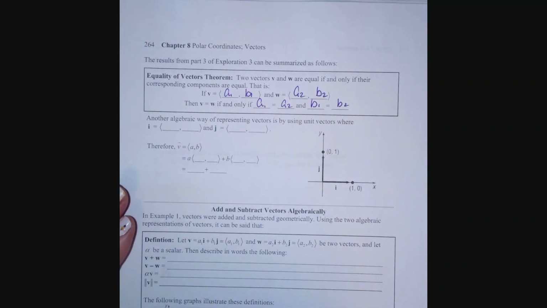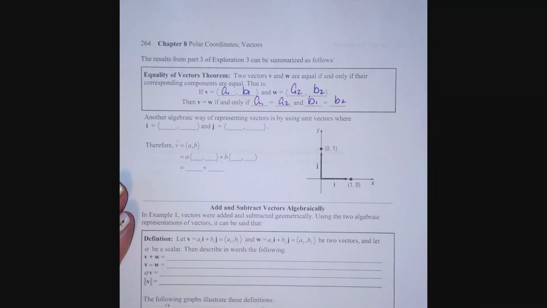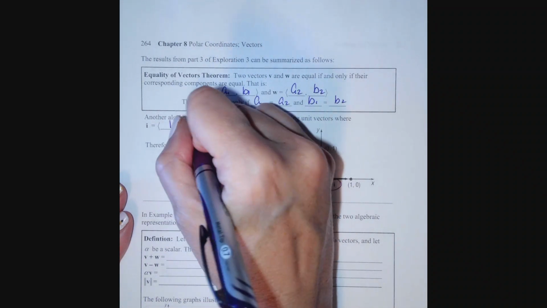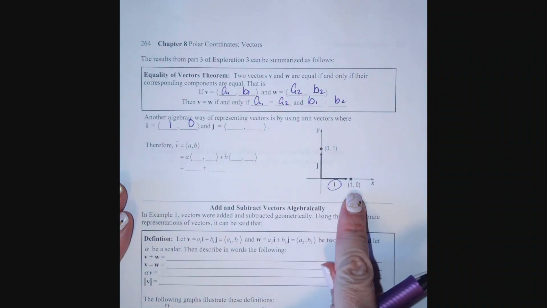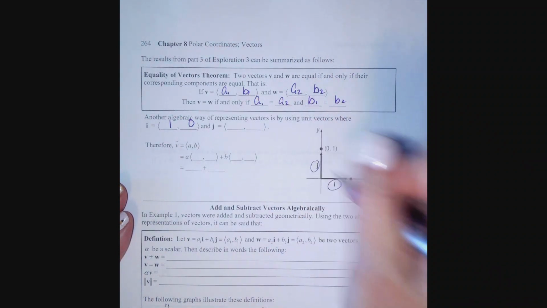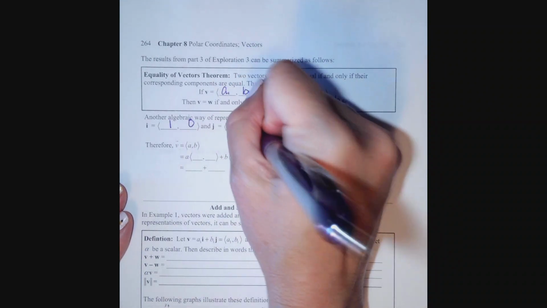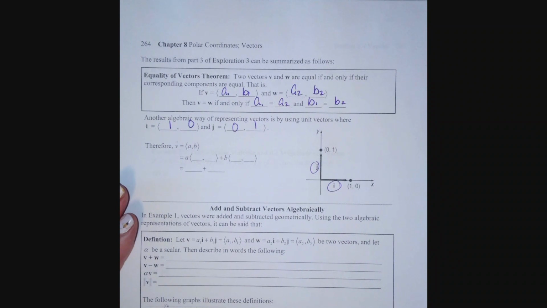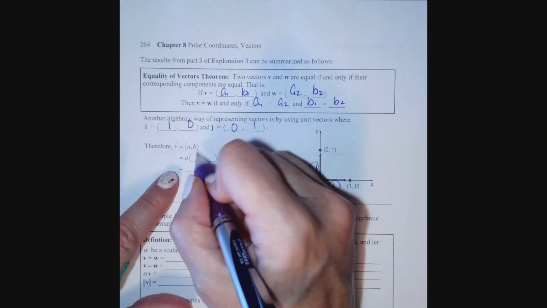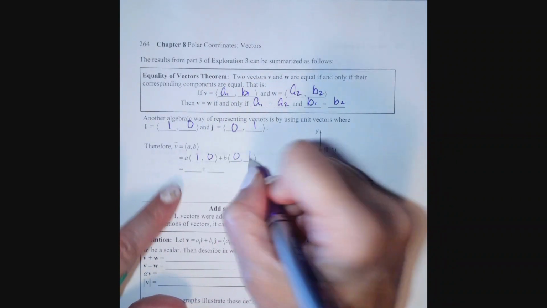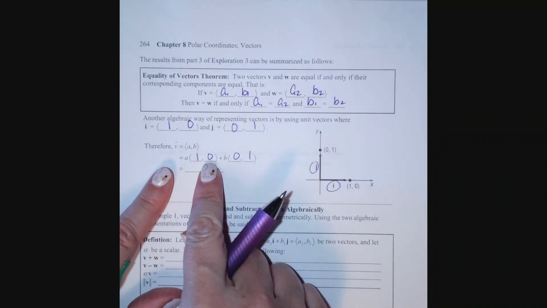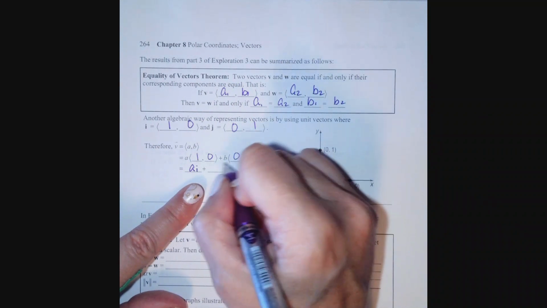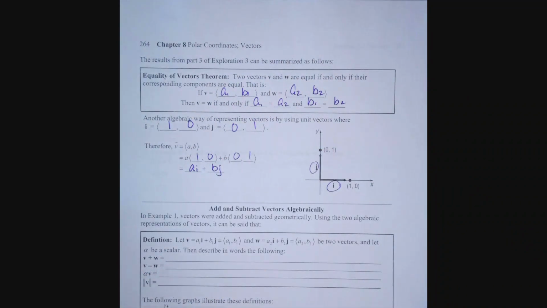So let's think about this algebraically using unit vectors. Here is i. Its components are <1, 0>. I've gone horizontally 1, vertically 0. Here is j. The components are <0, 1>. I've moved horizontally 0, vertically 1. Therefore, vector <a, b>, if I distribute here, is just a times i plus b times j.